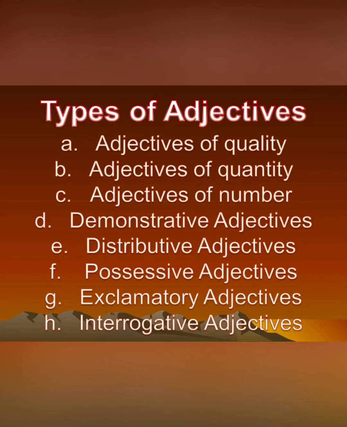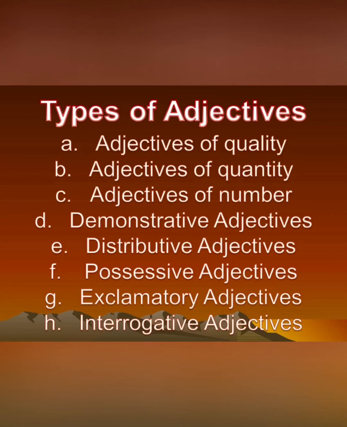Adjective of quality basically describes the nature of a noun. For example, honest, kind, large, beautiful, bulky, ugly, etc. Let's see the sentence example: Sarah is a beautiful woman.